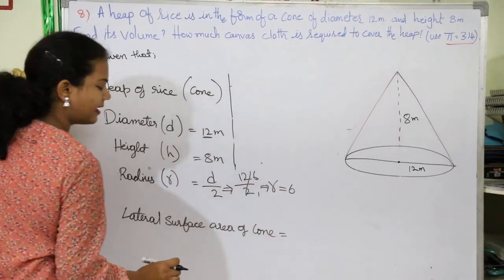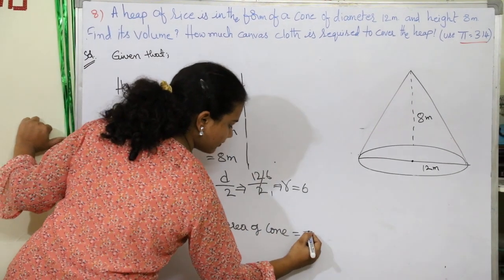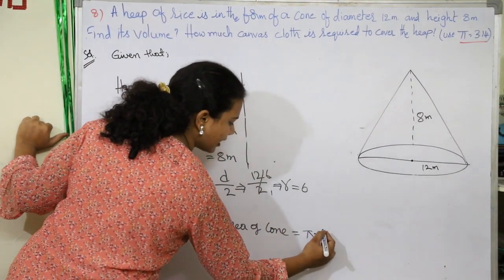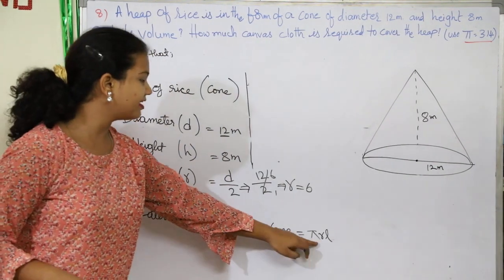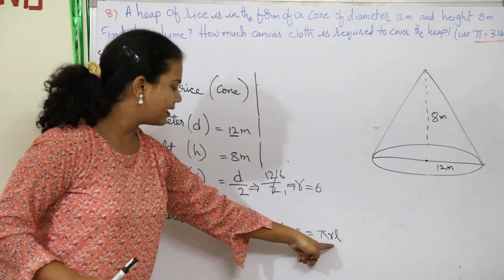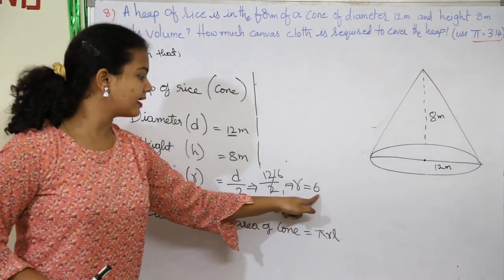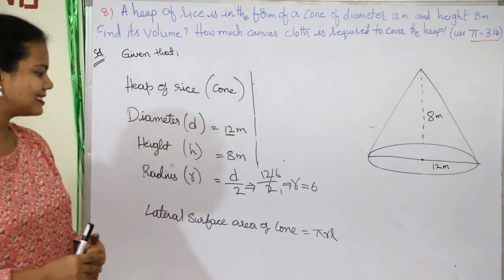As we discussed in the previous examples, the formula is pi R L, where the pi value they asked us to use is 3.14, and the R value we got is radius equals 6, right? And L means slant height.